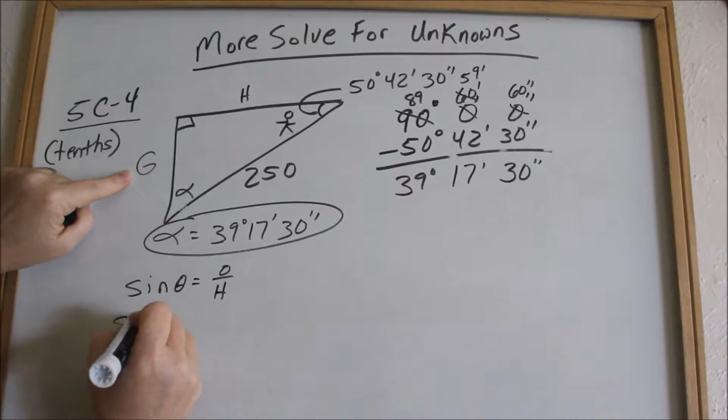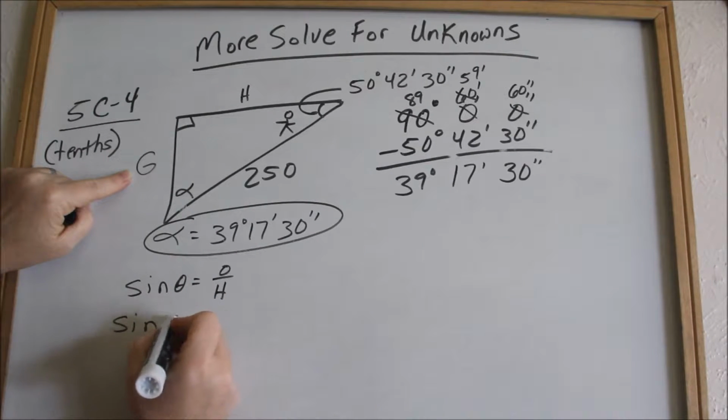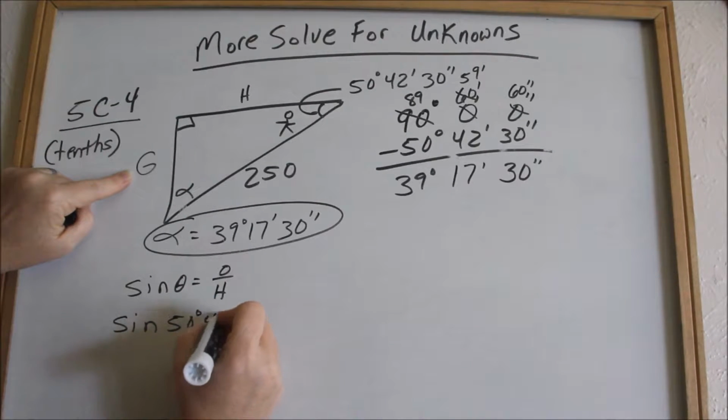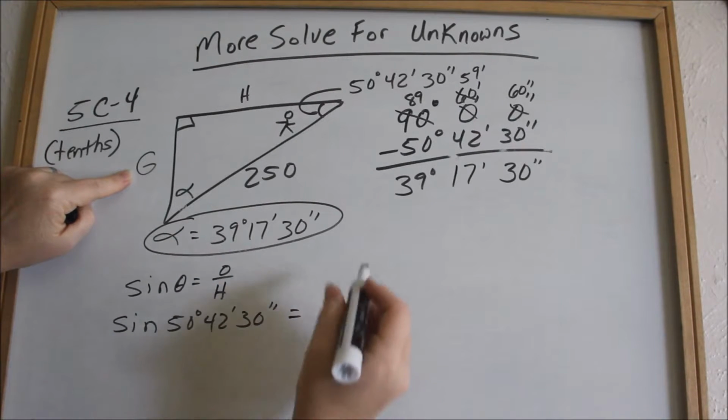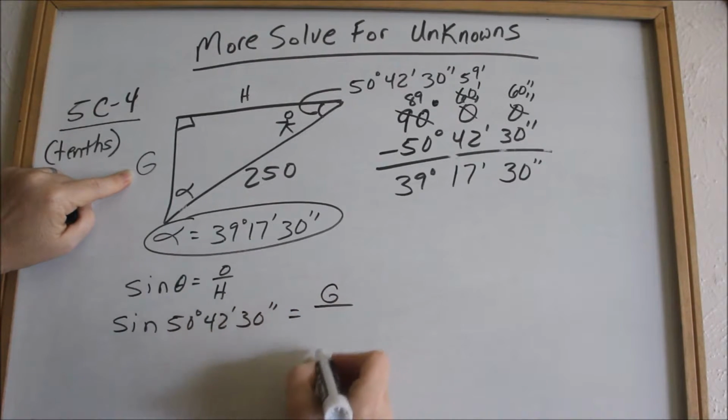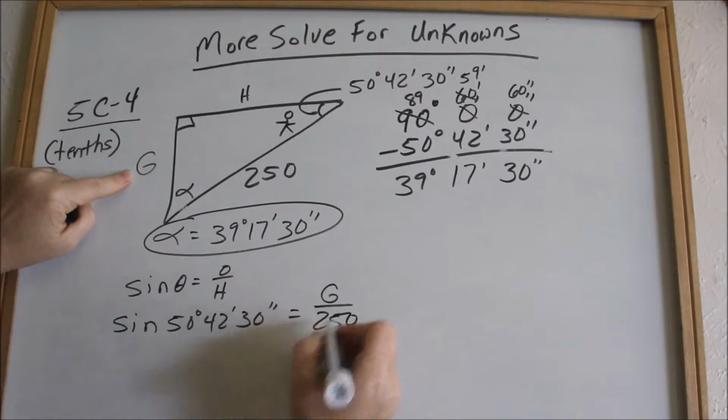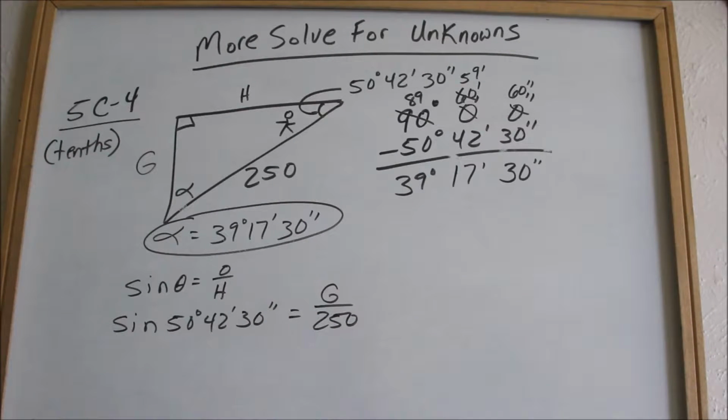Let's fill in what I know. Sine of the angle I'm standing at, which is 50 degrees, 42 minutes, and 30 seconds, equals opposite, which is G, over hypotenuse, which is 250. This is the same thing we did in the last lesson, except now we have degrees, minutes, seconds. So now you can convert this in your calculator into a decimal.